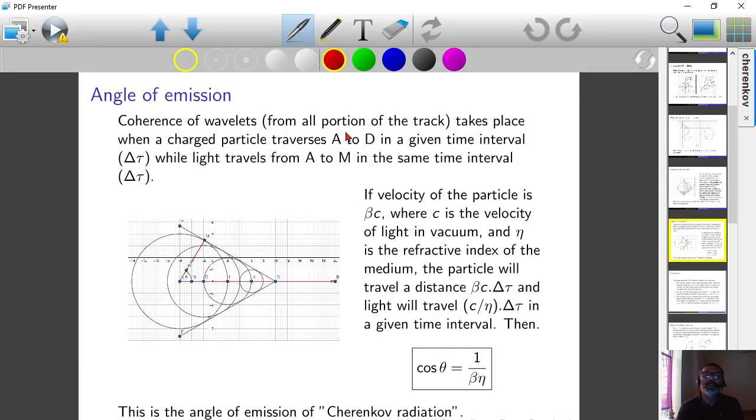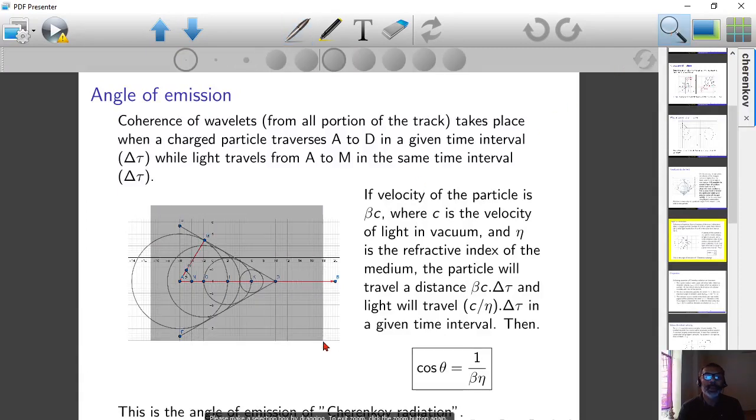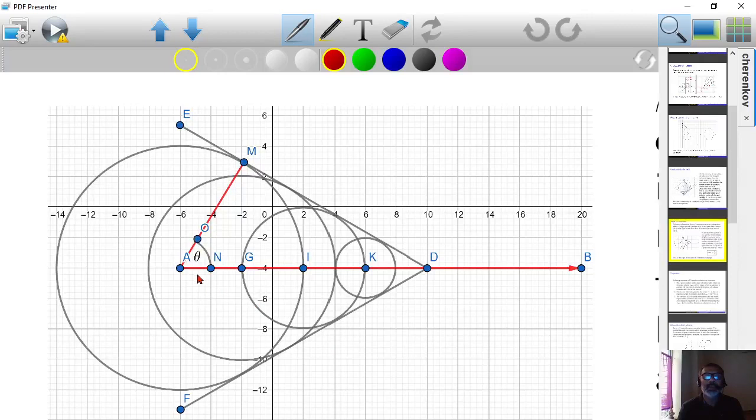Coherence of wavelets from all portions of the track takes place when a charged particle traverses A to D in the time while the light travels from A to M. So the time taken by the charged particle to reach D from A is the same as the time taken by light to reach M from A.